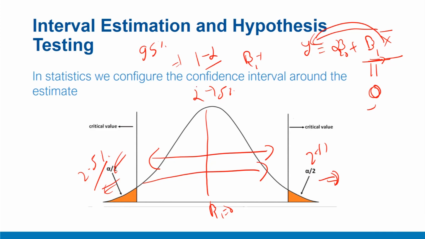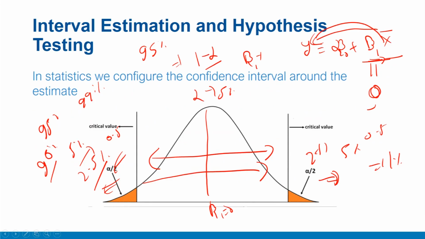Now, in practice, along with 95%, we also check the significance at 90% and 99%. In the case of 90%, this value is 5% on the left and 5% on the right. In the case of 99%, it is 0.5% on the left and 0.5% on the right. That means 1% significance.